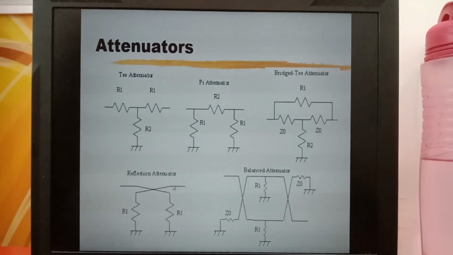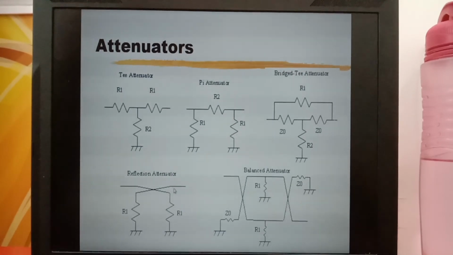The output power here is not exactly half power. When a signal is connected to the input, half of the power is transmitted to port 2, but because of the reflection from this resistor, and this reflected signal may be in phase or out of phase compared to the direct transmission from port 1 to port 2.